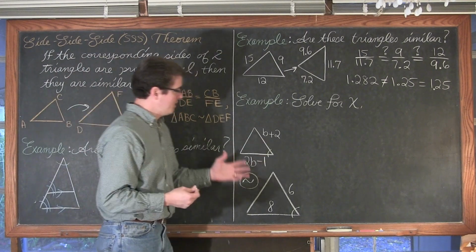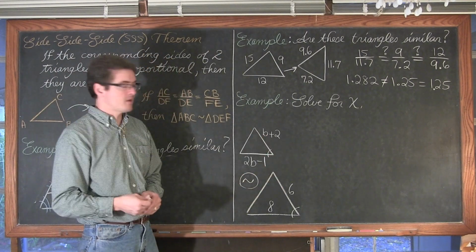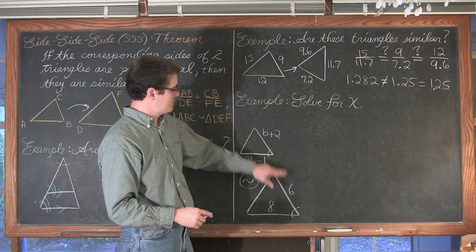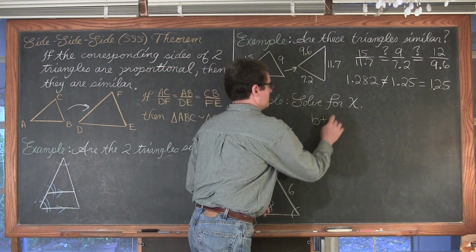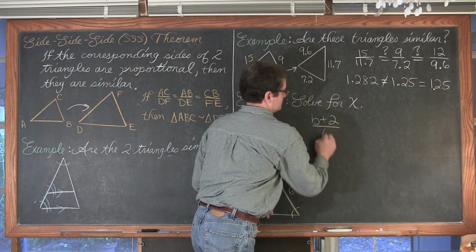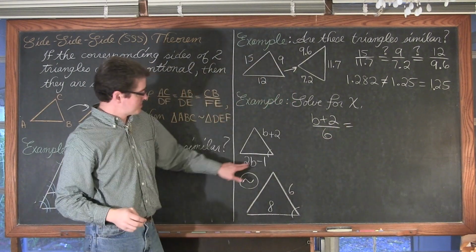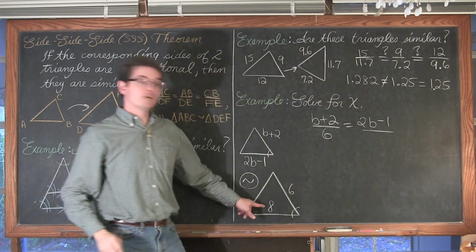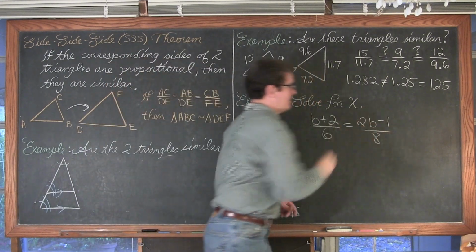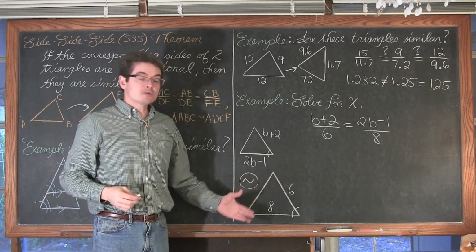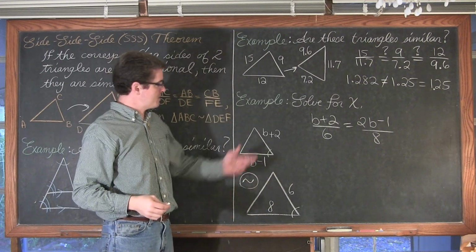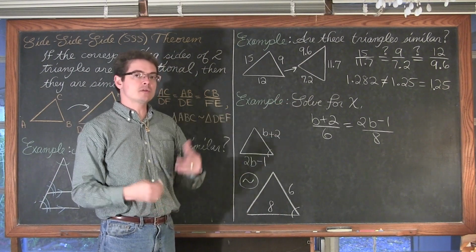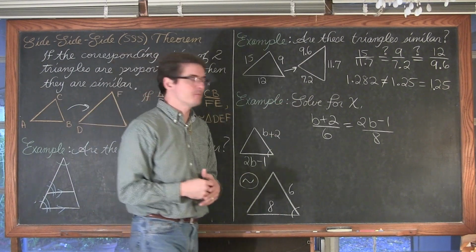So let's say we're going to have b plus 2 over 6 equals 2b minus 1 over 8. And again, we're told that these are similar, so we should have equal ratios, and knowing that these proportions must be equal allows us to solve for b.